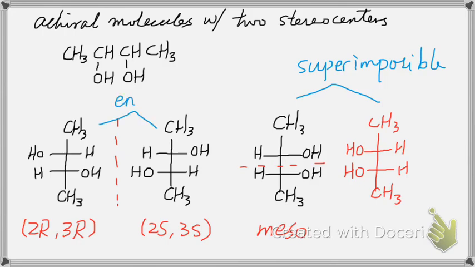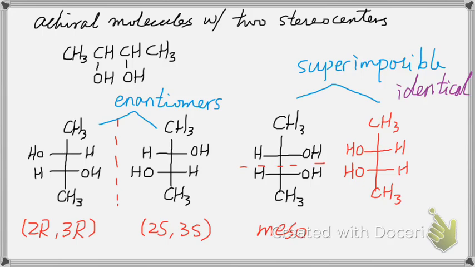But for the first two pairs, we have enantiomers, mirror images, but not superimposable. The middle form, these two are identical. Now my question to you is, what is the relationship of the first molecule to the middle form?